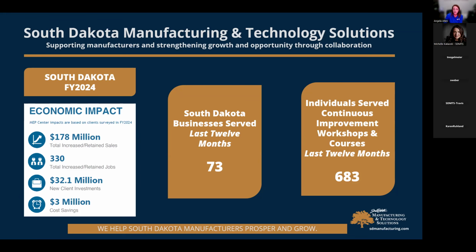Those were the manufacturers that reported those impacts to us. We have also served over 73 manufacturers in the last 12 months alone, and 683 individuals have attended either a continuous improvement workshop or a course that we have provided.